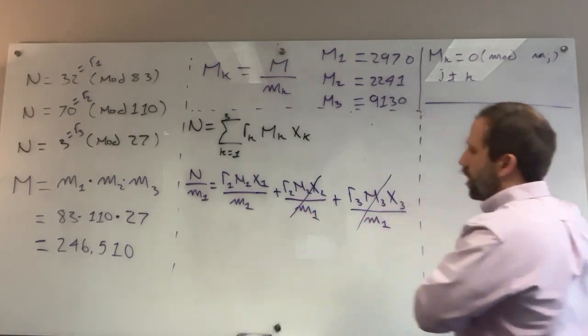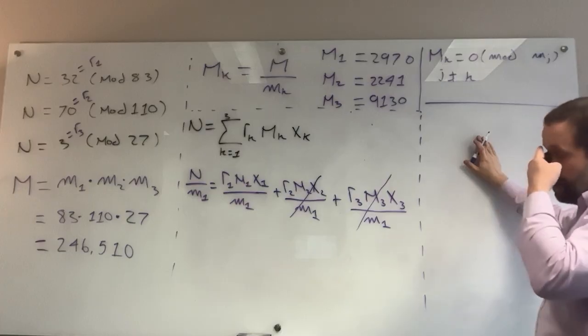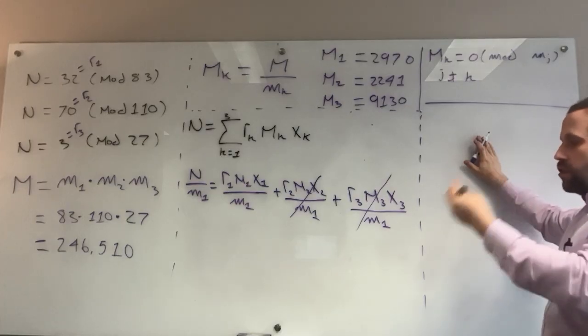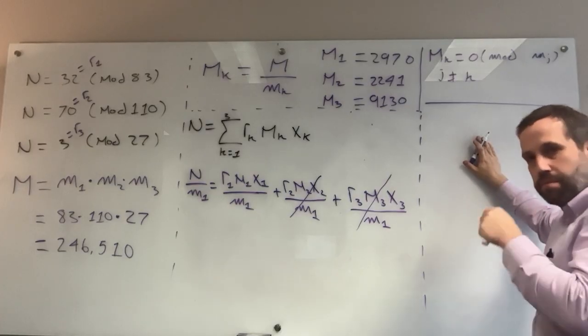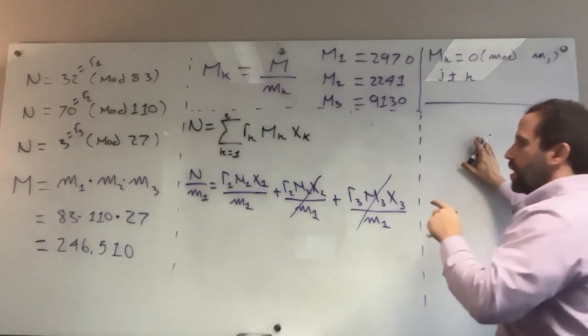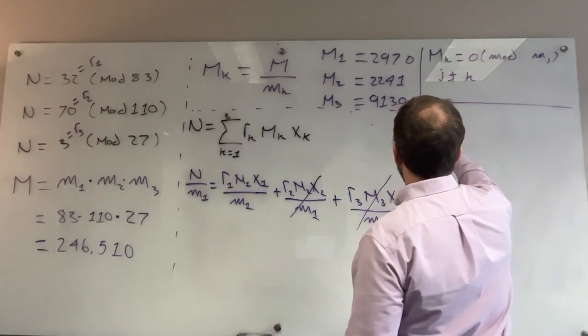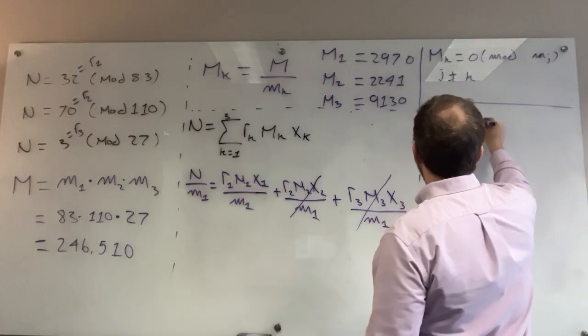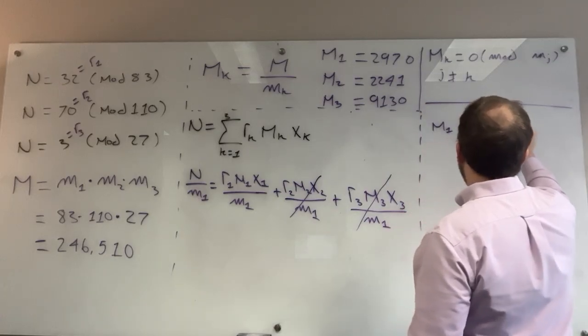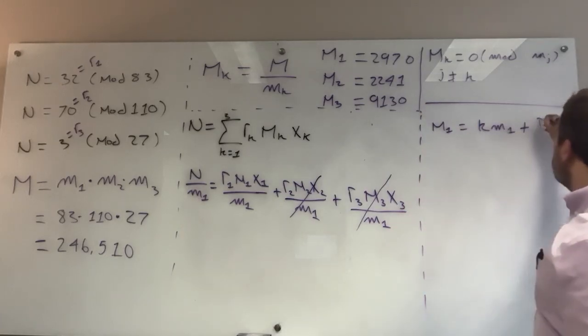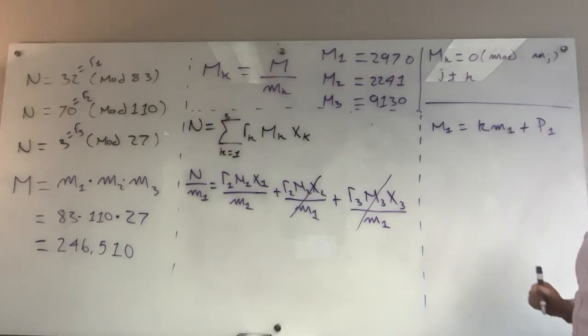So in other words, what this means is P1 is equal to K m1 plus P1. And actually, this is the smallest congruence.